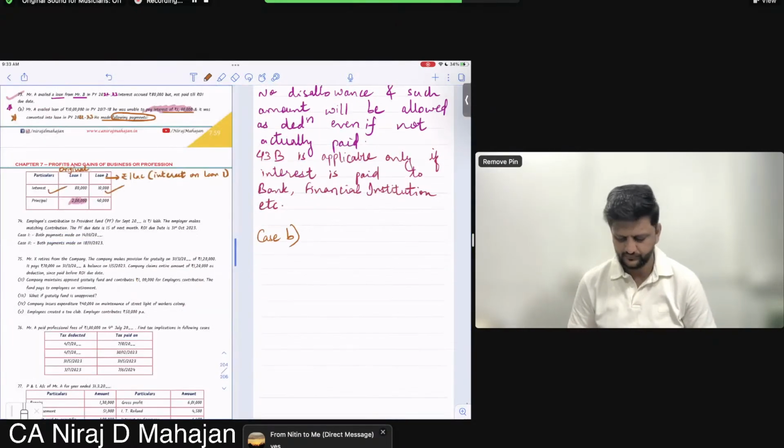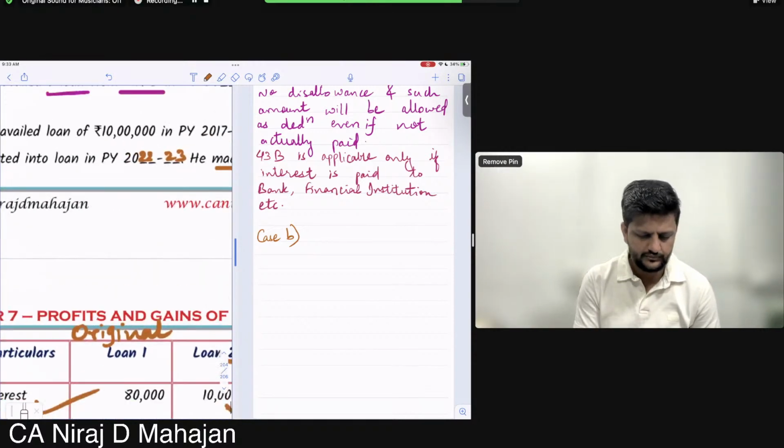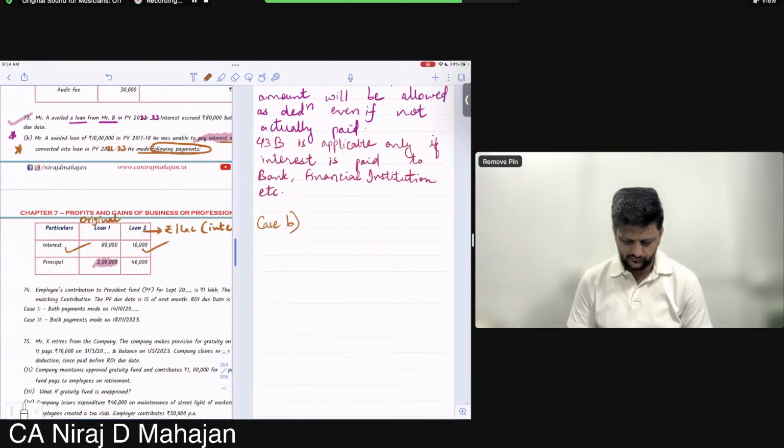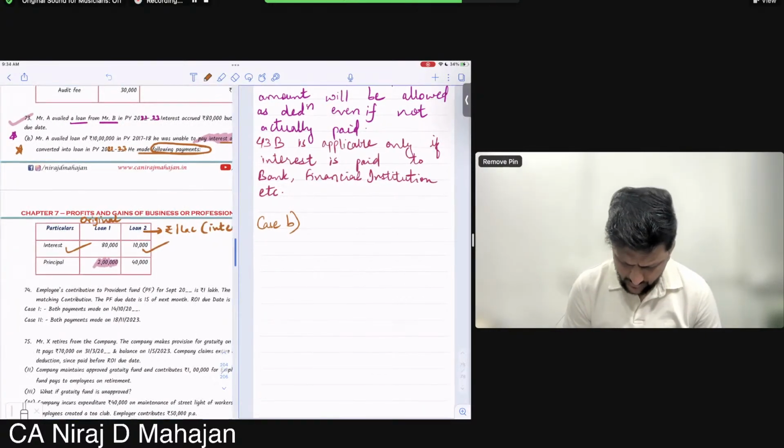Case B. What is the original loan amount taken? Children, rupees 10 lakhs, right? It is given over here. Interest of, write down.